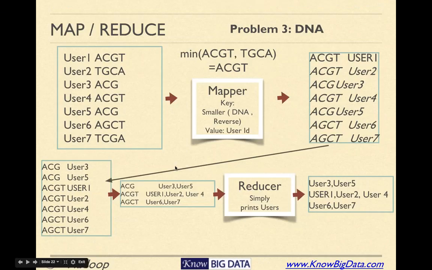All right, so it takes a bit of time to figure out how to convert your problem into a sorting problem, or how to convert your problem into MapReduce. It took me a fair amount of time, and this DNA question which I'm asking you right now, only a few people have been able to solve it, even in the interviews I used to conduct.